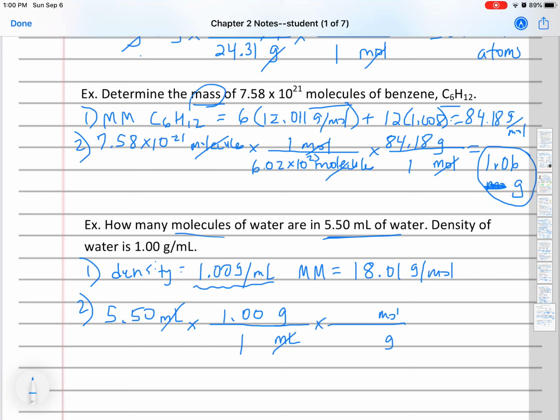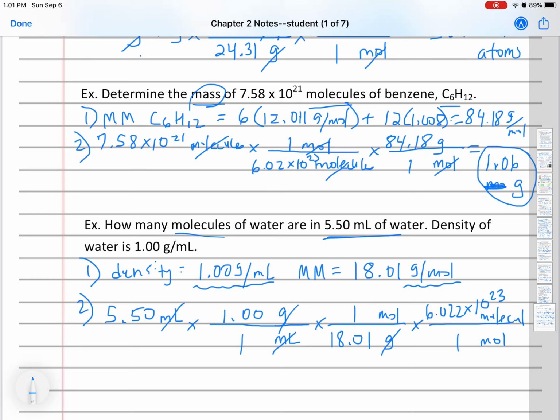Now we can go from grams to moles, because we have a conversion factor to do that. So 1 mole is 18.01 grams. Our grams cancel. And then lastly, we can use Avogadro's number to go from moles to molecules. 1 mole is 6.022 times 10 to the 23rd molecules.